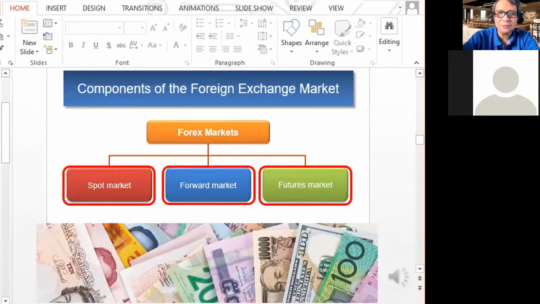I'll give you an example. For example, I'm a farmer, and I'm harvesting tomatoes in the future, and I want to sell them at 25 pesos per kilo. 3 months from now, I will be harvesting, for example, and I want to sell them at 25 pesos per kilo.